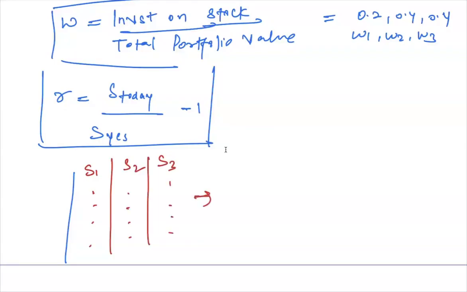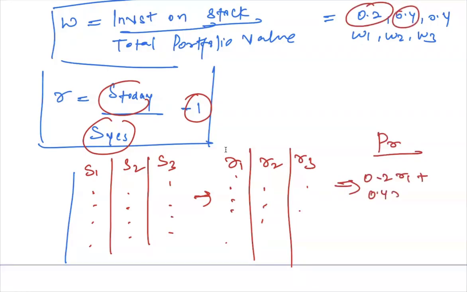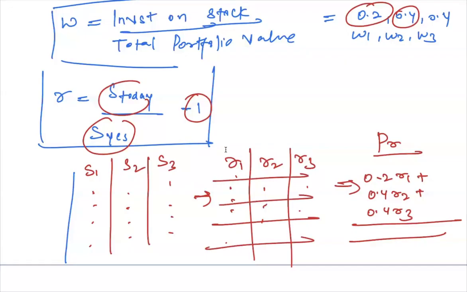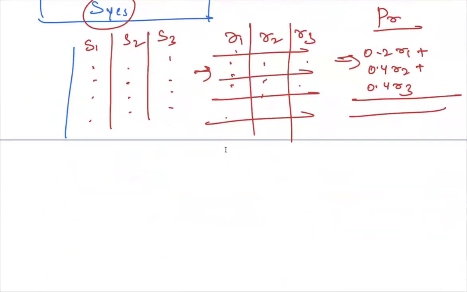You calculate the returns R1, R2, R3 using this formula. Once you have the returns, you calculate the portfolio return: 0.2 times R1 plus 0.4 times R2 plus 0.4 times R3. For every day, you'll use this formula to calculate the portfolio return. So this was your step one, which is to gather the data and calculate the portfolio return.